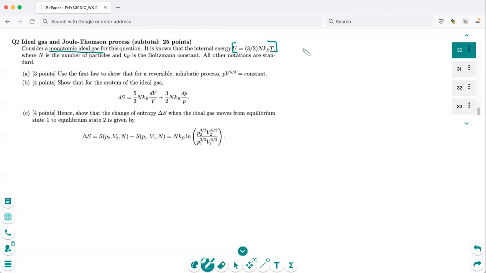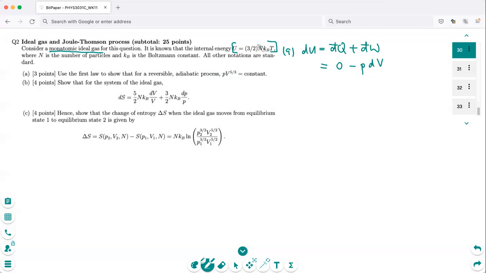All right, so how do we do this? For part A, you use the first law. You first write down the equation you need. This is adiabatic reversible, so the first term is 0, and then you have your PdV. So you only need to deal with dU, which is minus PdV.